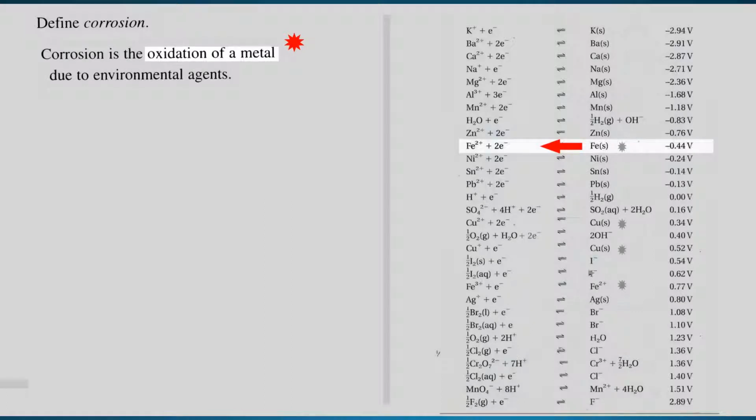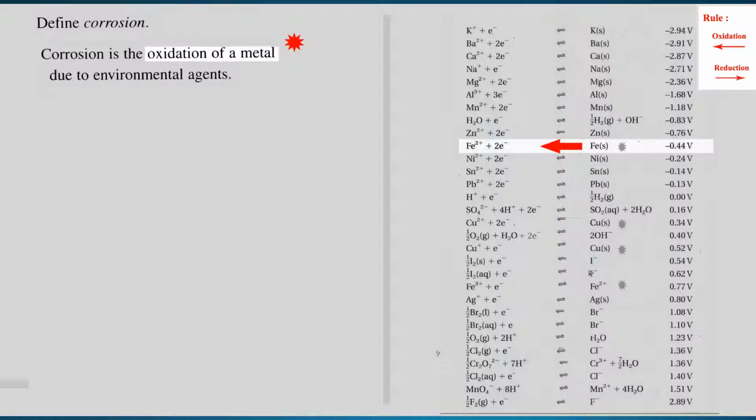Refresh from the standard reduction potential table: when the reverse arrow means oxidation. So the rule: reverse arrow, oxidation. The same arrow, reduction, on this double arrow rule. Students, please remember. And rusting means the metal reverse arrows oxidize.